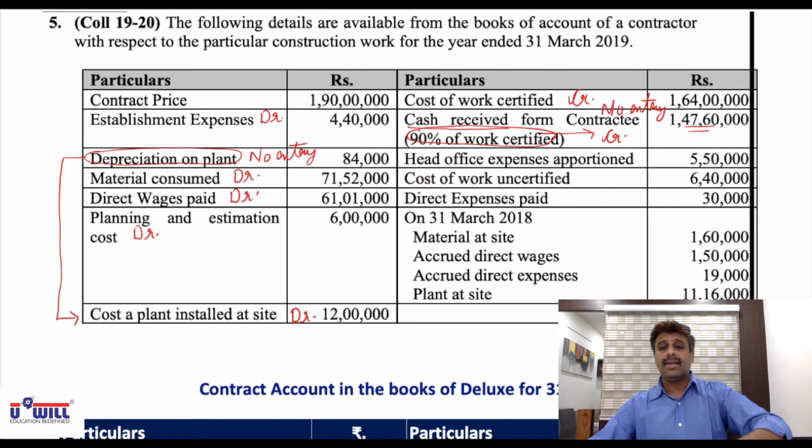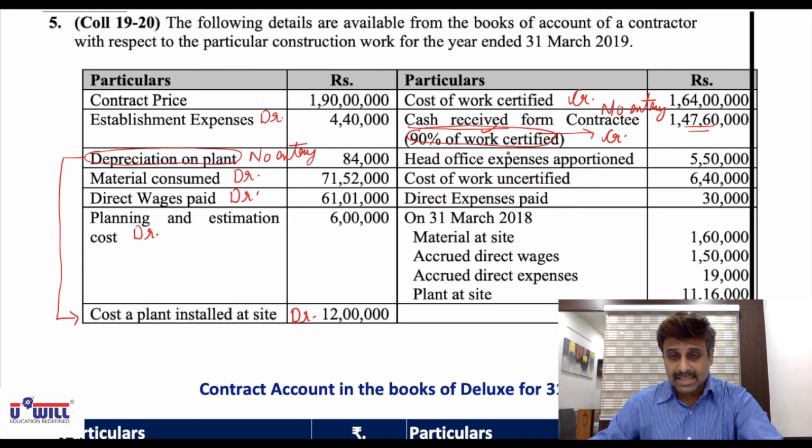I repeat, cash received from contractee has no entry in the contract account, but this 1,47,60,000 is 90% of work certified. So from this cash received we can find work certified, and that work certified will come in contract account on credit side. We will see in the workings how to find work certified from the cash received.